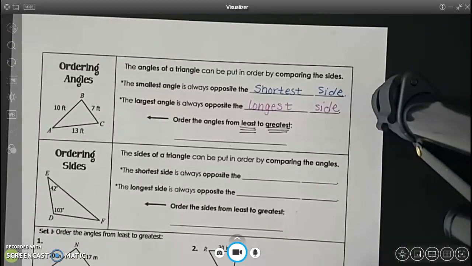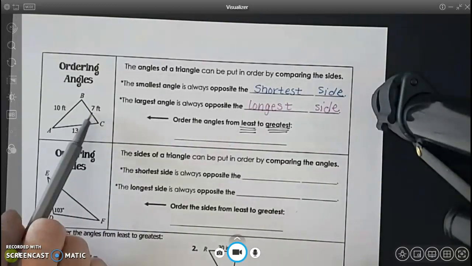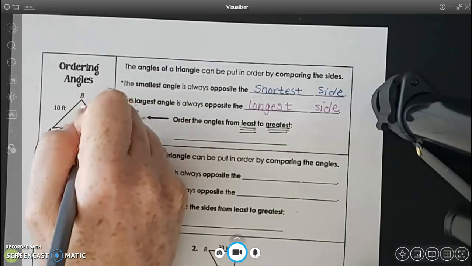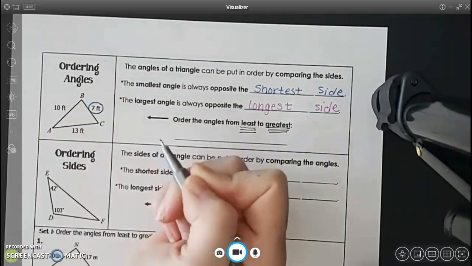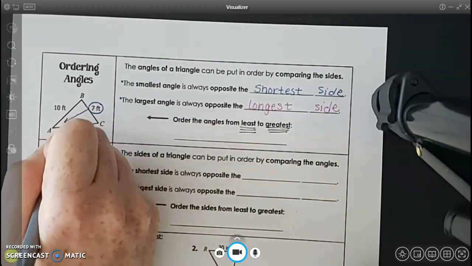If we look at our side lengths here, we have 7, 10, and 13. The smallest side is 7, and the angle opposite that side is angle A. So that will be the least, the smallest.